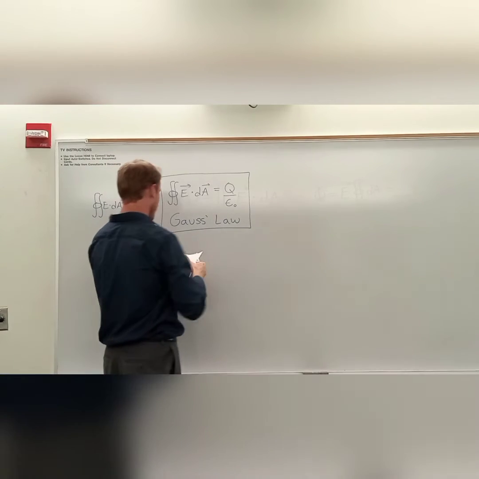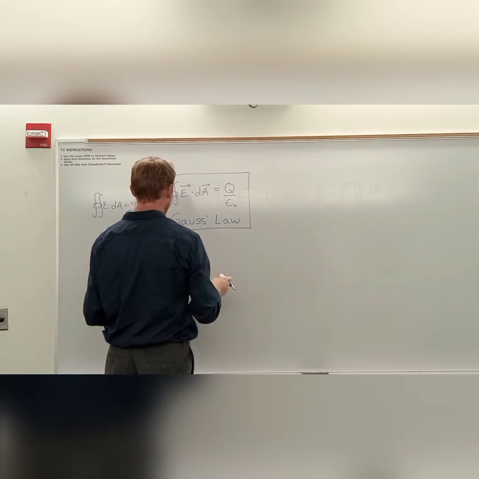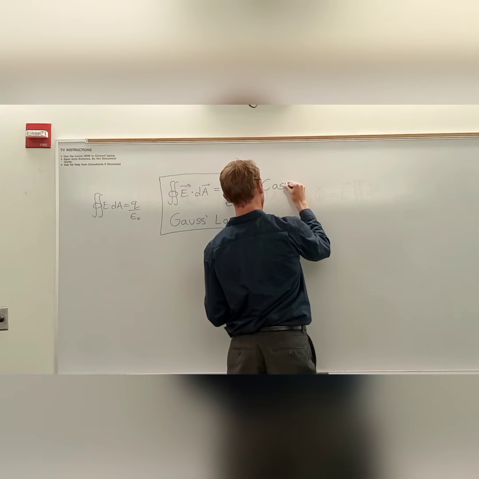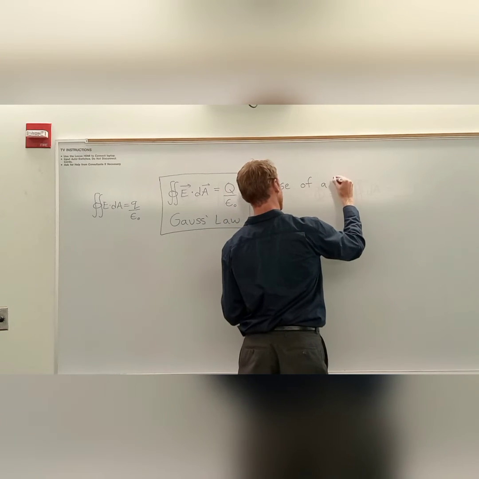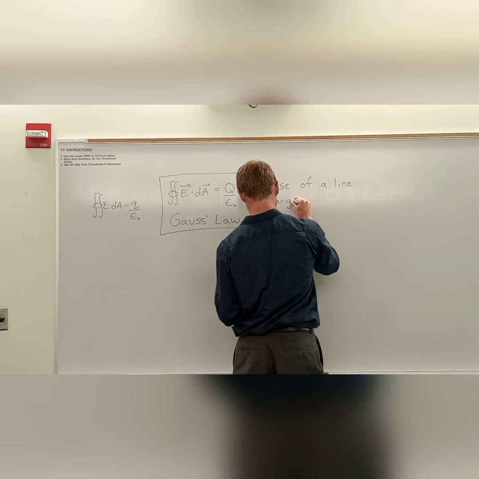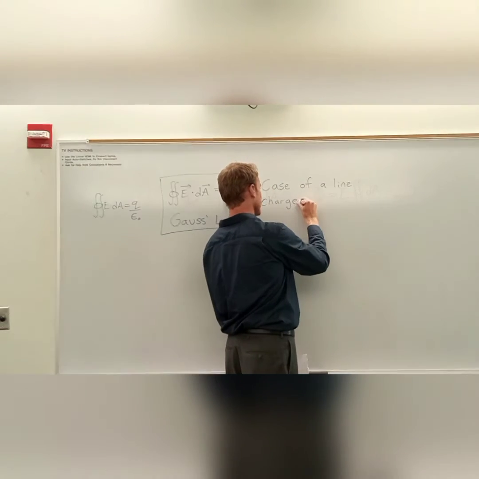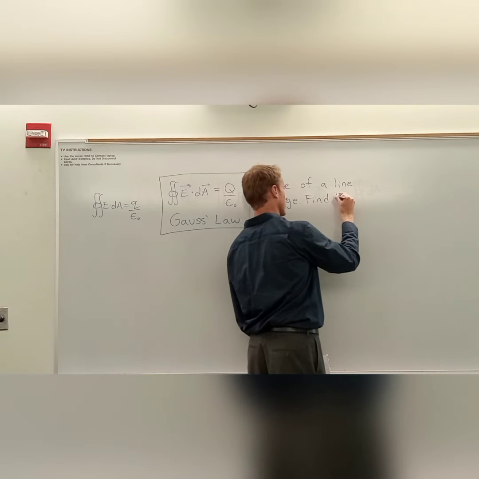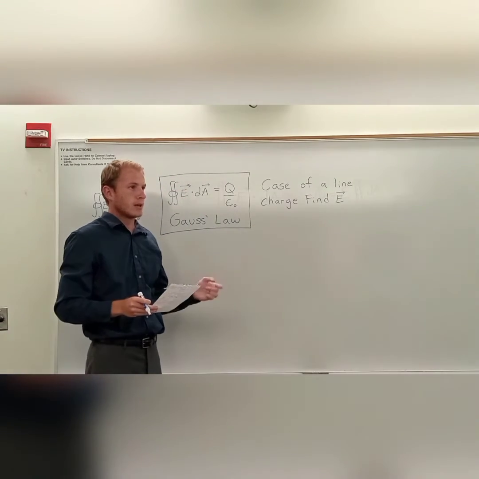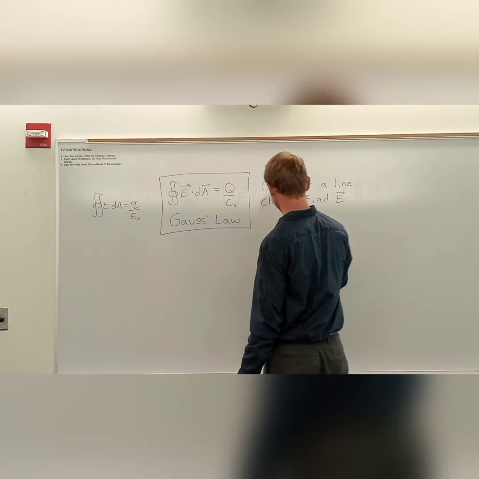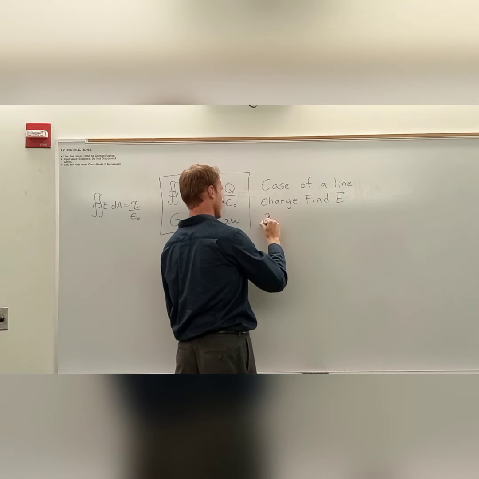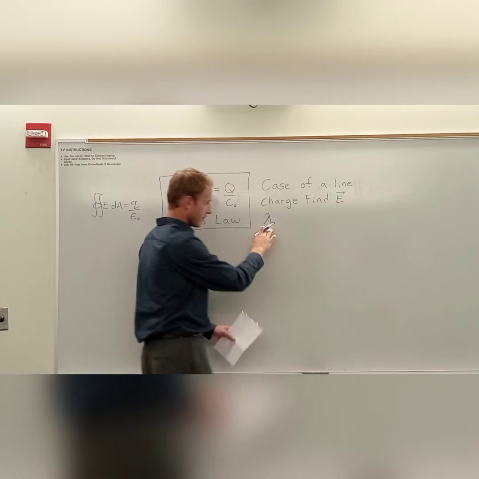So now, let's use an example. Say we have the case of a line charge, and we want to find the electric field E. This has a positive line charge density of lambda.